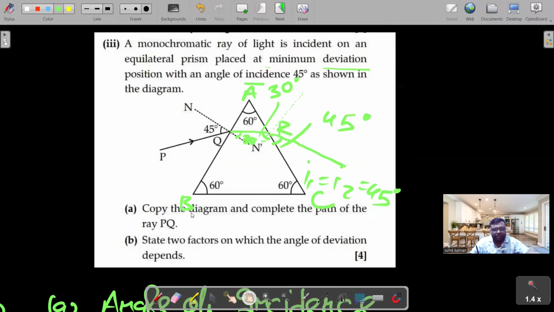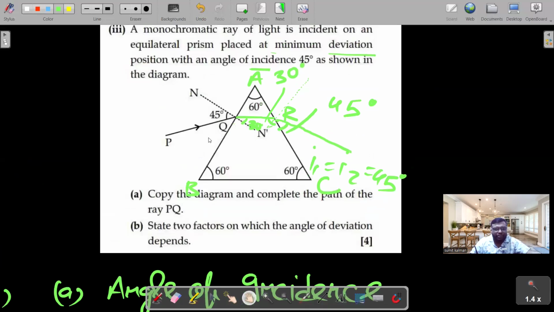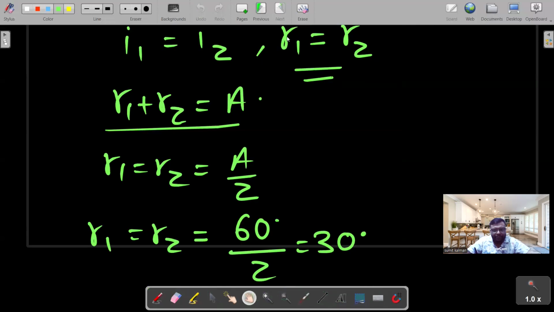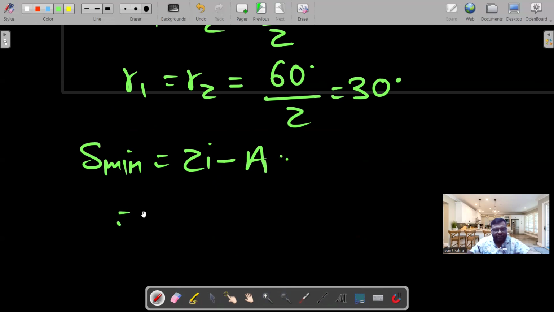So now this is the solution of this problem, and you can find out minimum deviation also for this. It may come in the exam, minimum deviation, and you know the formula for minimum deviation is delta minimum is equal to 2I minus A. And here angle of incidence is 45 degree.